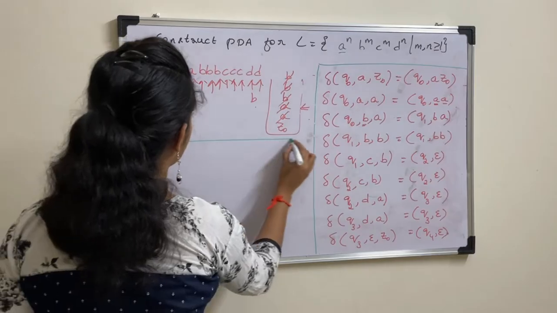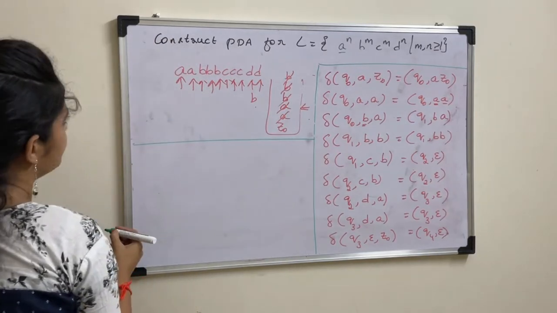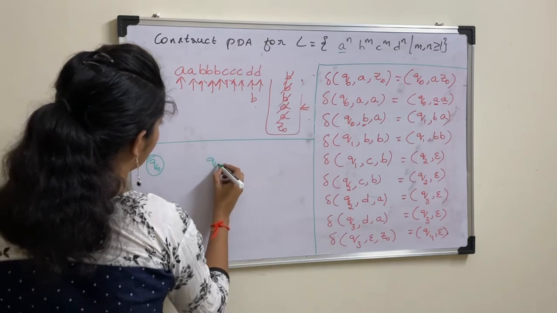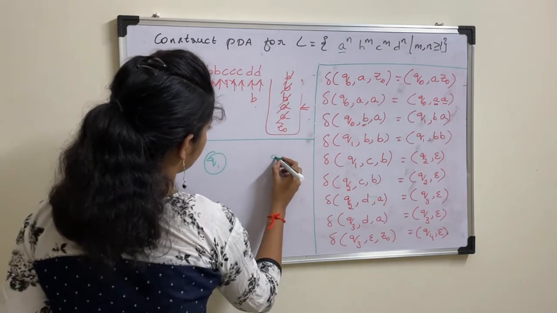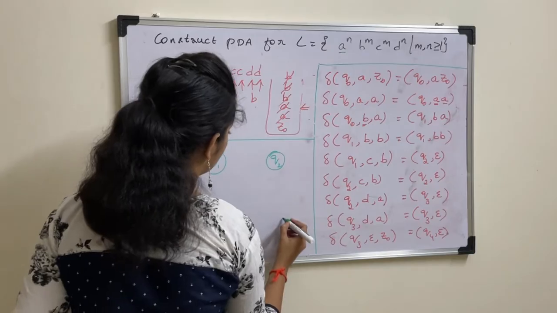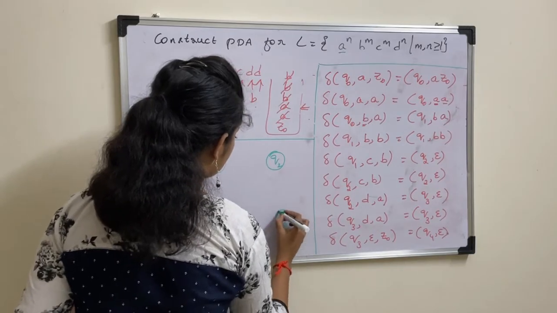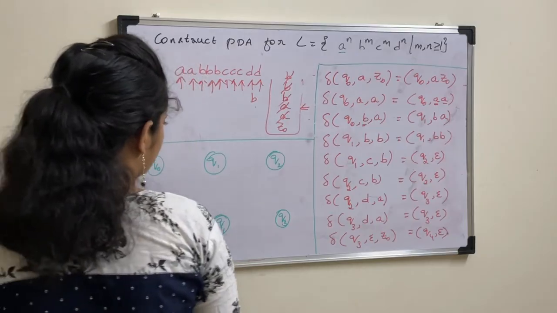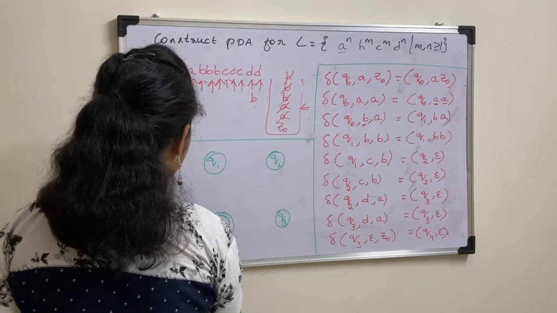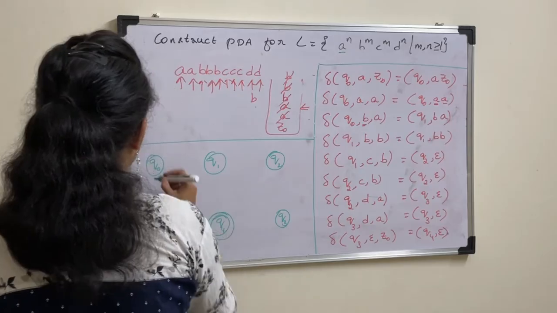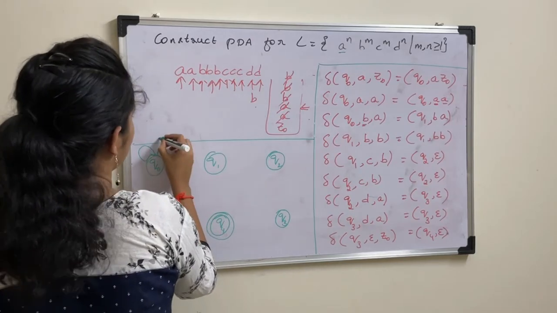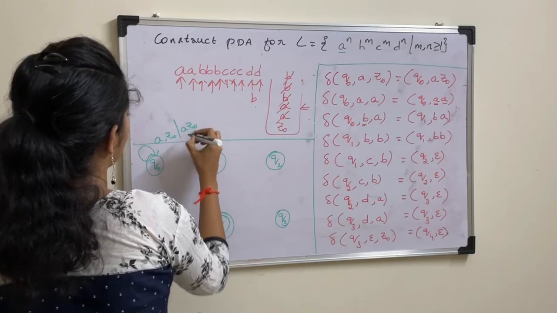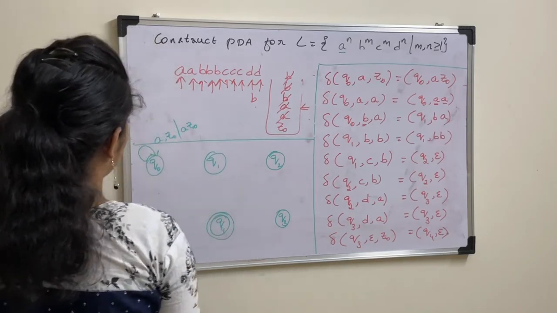So let us draw the transition diagram. The states are Q0, Q1, Q2, Q3, Q4. Q4 is your final state. Now Q0, A, Z0 produces push A onto the stack.